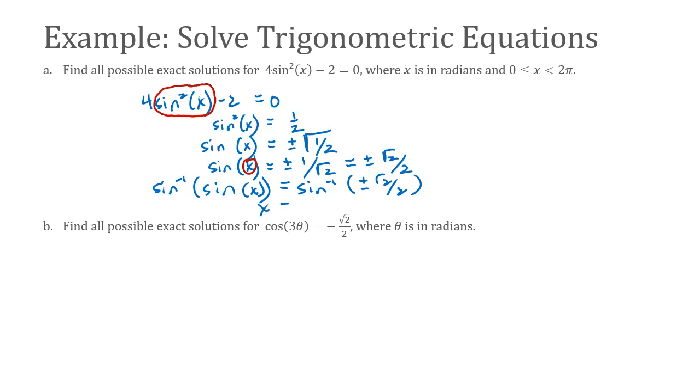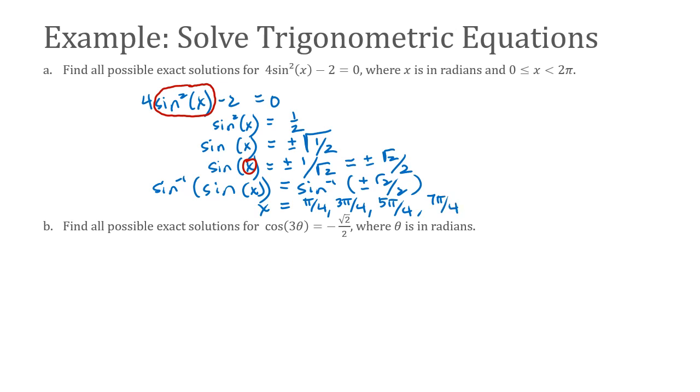And what I know is that that's going to happen at pi over 4. That's going to happen at 3 pi over 4. That's going to happen at, where else? 5 pi over 4. And that's going to happen at 7 pi over 4.